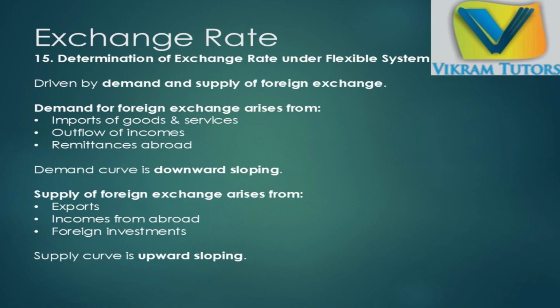In a flexible exchange rate system, the value of a currency is determined by the interaction of demand and supply in the foreign exchange market. When the demand for a currency increases, perhaps due to higher exports or attractive investment opportunities, its value tends to rise. Conversely, if the supply of a currency grows, such as when residents purchase more foreign goods or invest abroad, its value may decline.